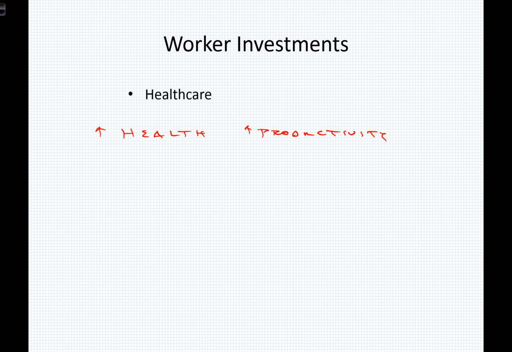Similarly, as these inputs to human capital are positively correlated, that means if one's health declines, then one's productivity similarly declines. So healthcare is an absolute contributor or input to human capital. We can even think of healthcare a little bit further in this regard.